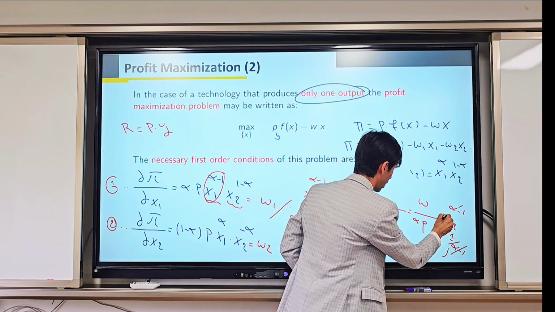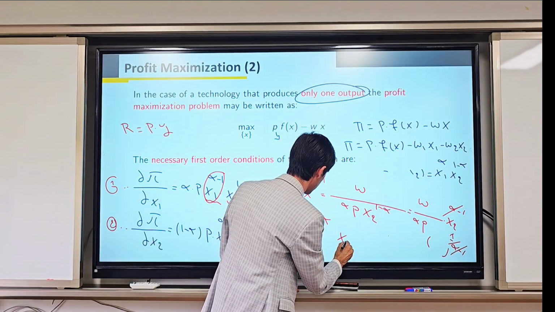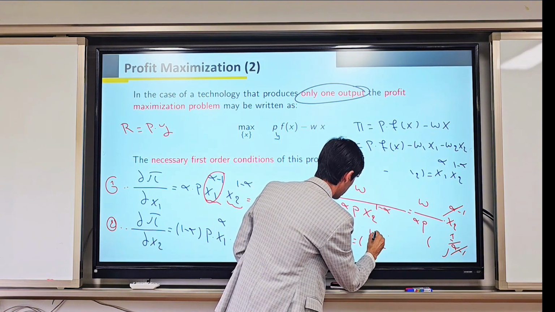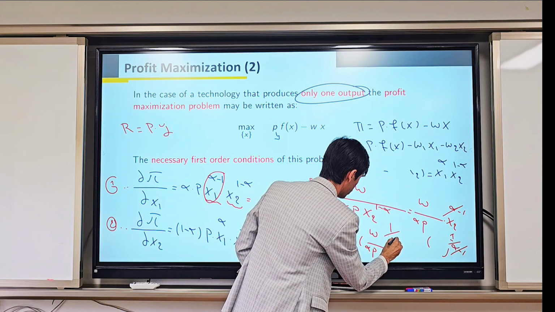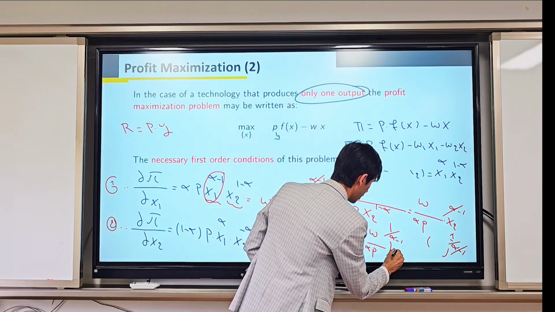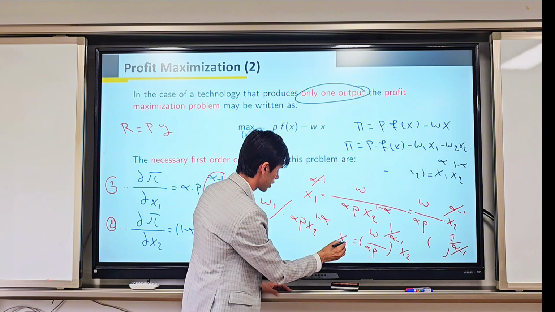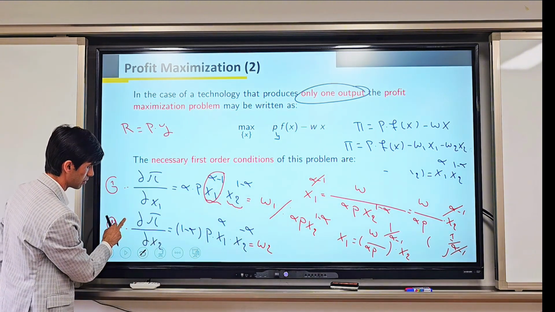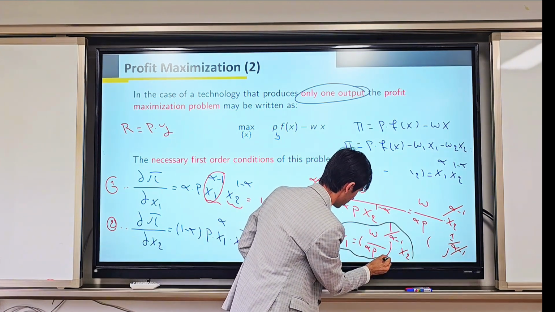So this one will cancel out with this one, and then we will have x1 as this one: w over alpha p to the power of 1 divided by alpha minus 1 times x2. Then the value of x1 in terms of x2 is this one.